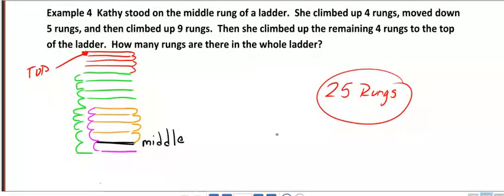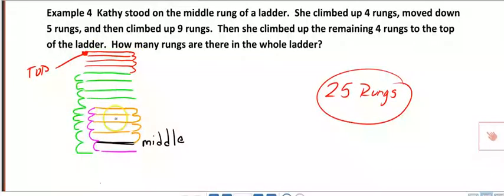Alright, so the solution I got was 25 rungs in the ladder. I started here with marking a spot in the middle on my diagram, and then from that middle I moved up 4 rungs, and then from that stopping point I went down 5. From that stopping point I went up 5, and then from that spot I climbed up the remaining 4 rungs to get to the top.